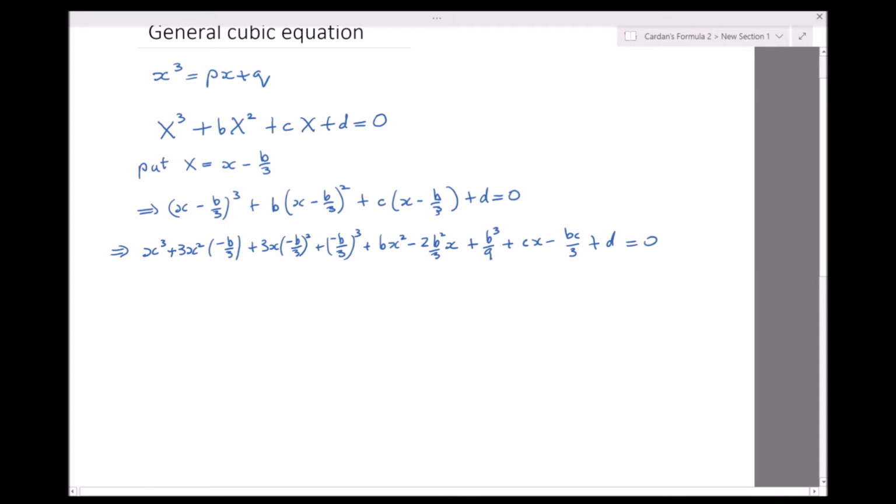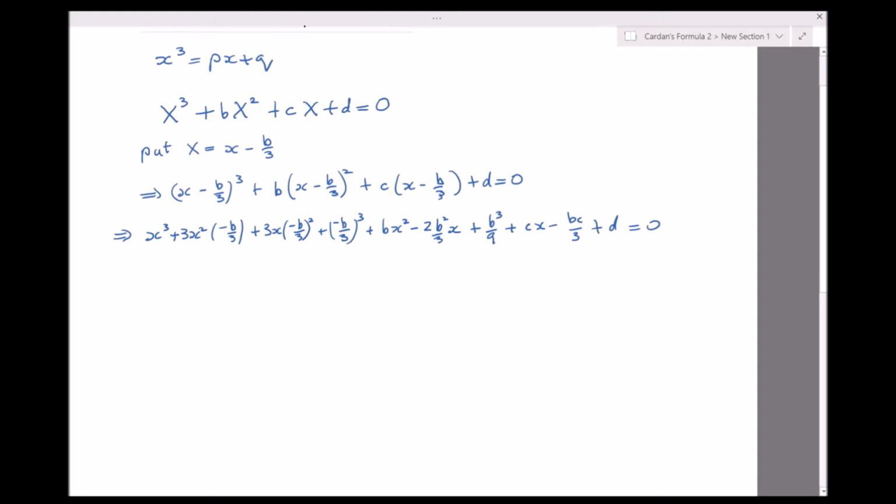The important thing here is that at this point we have minus bx squared, and here we have plus bx squared. So this is just x cubed. We have something times x, something times x, and something times x.